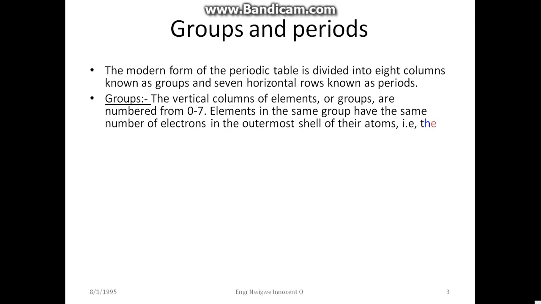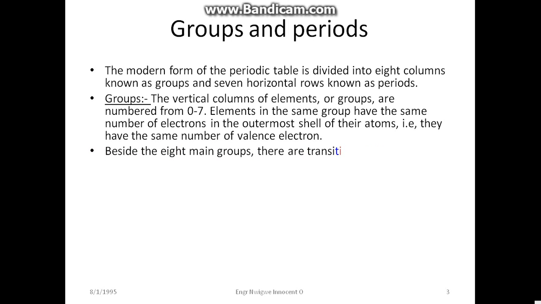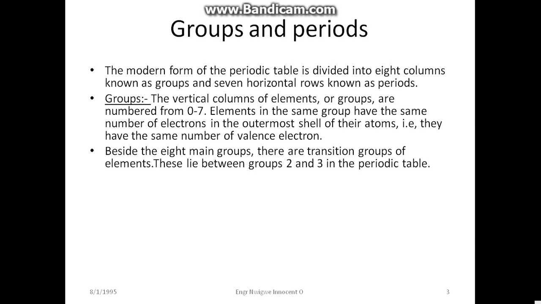Elements in the same group have the same number of electrons in the outermost shell of their atoms, that is, they have the same number of valency electrons. Besides the 8 main groups, there are transition groups of elements. These lie between group 2 and group 3 in the periodic table.